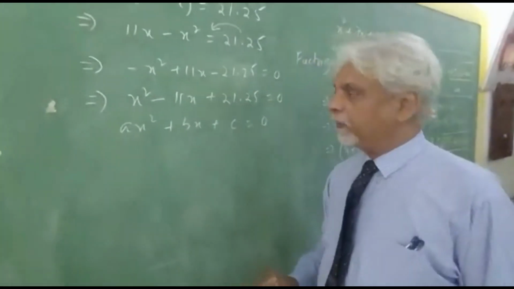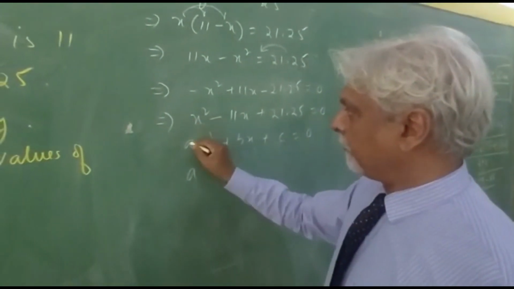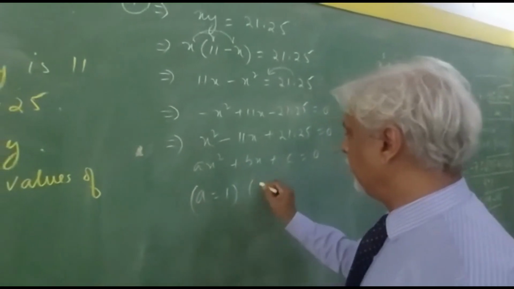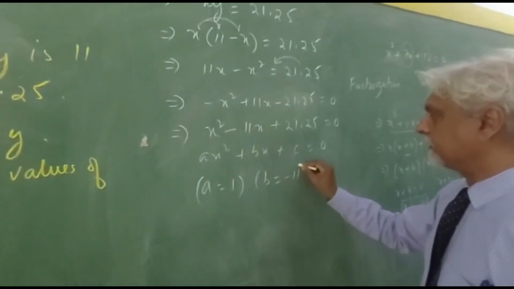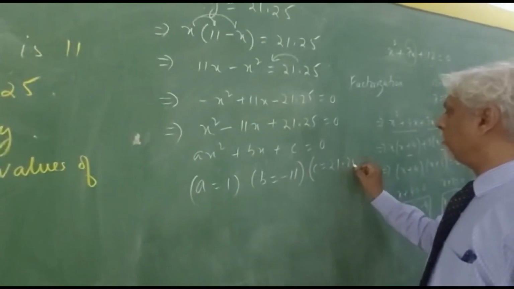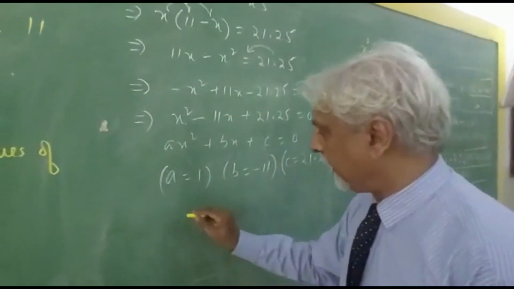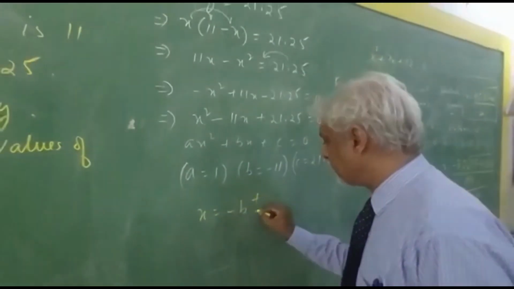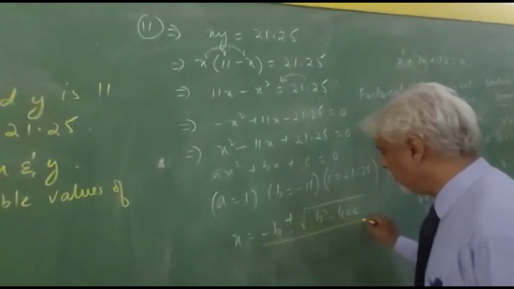So we are applying the formula. A, the coefficient of x squared, will be 1 when nothing is written. B is equal to minus 11. Please don't mess with the signs. And c is equal to your constant term, 21.25. There you are. Now we apply the quadratic formula. x is equal to minus b plus minus root b squared minus 4ac over 2a.